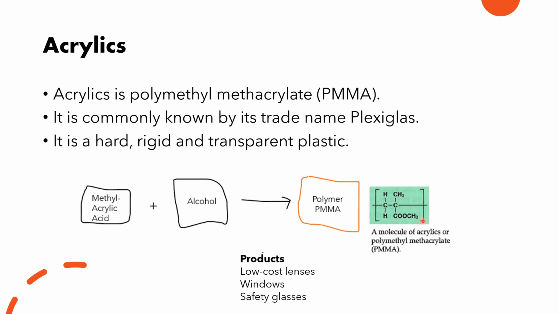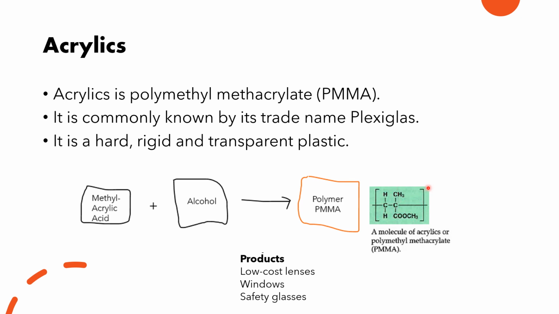So here, when you take a look at the process, we have methyl acrylic acid, and we're going to apply alcohol to it, and you're going to get the polymer PMMA, which is your polymethyl methacrylate, okay? And here is your monomer.